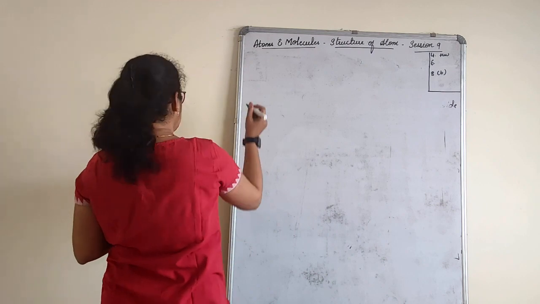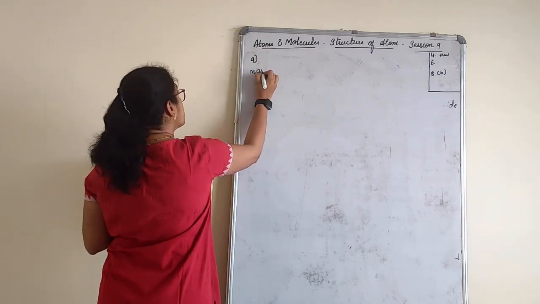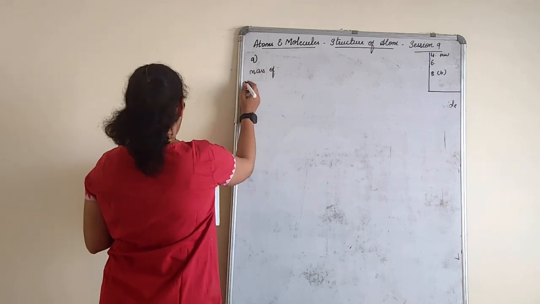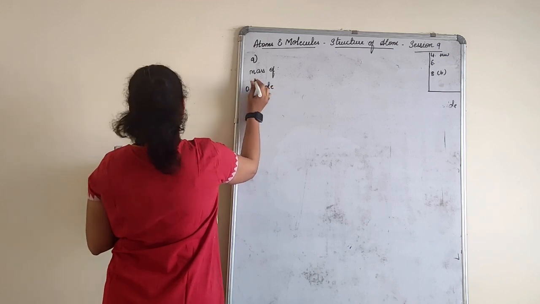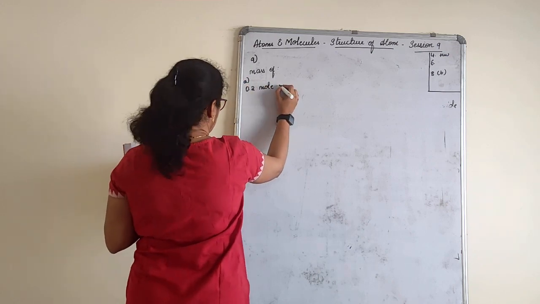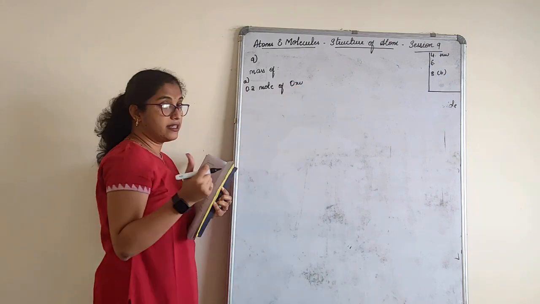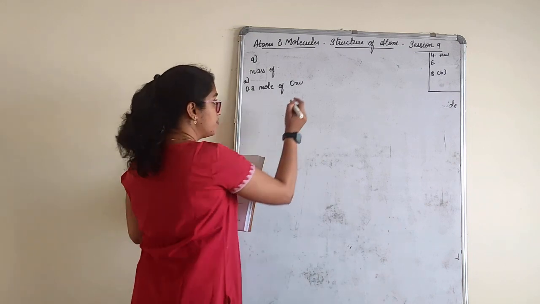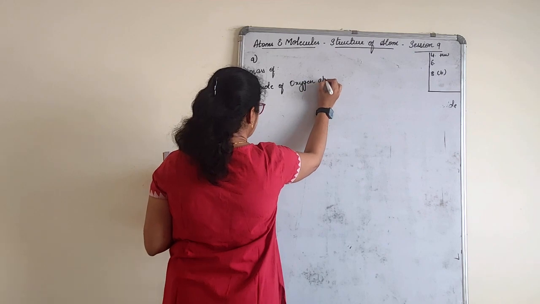What is the mass of the ninth one? Mass of, what you have to find here is 0.2 mole of, be very careful in reading, oxygen atoms. Oxygen gas is O2, oxygen atom is O, oxygen molecule is O2. Here it is oxygen atoms.